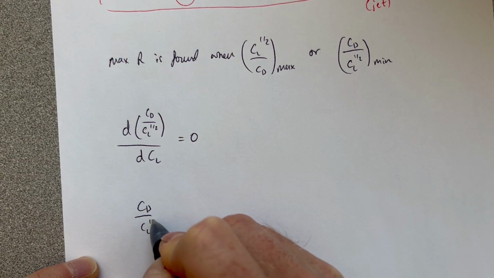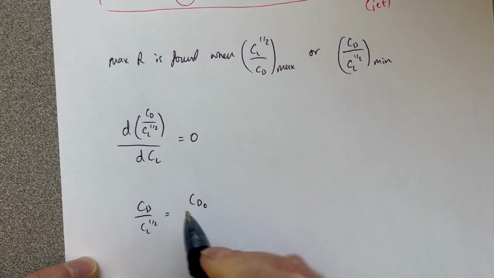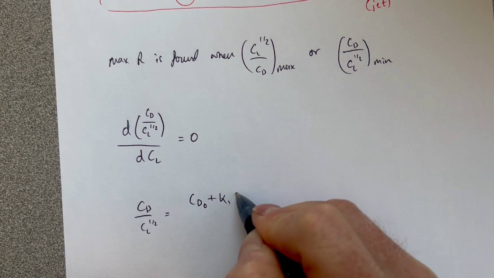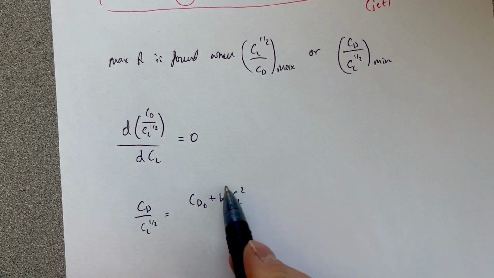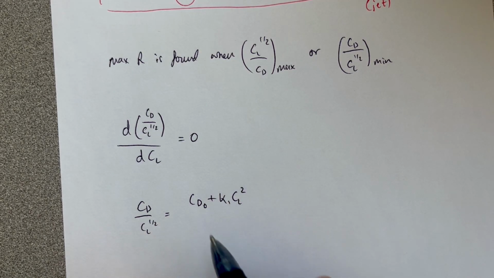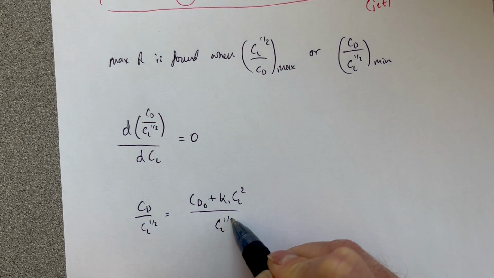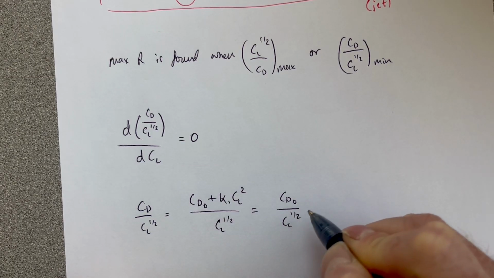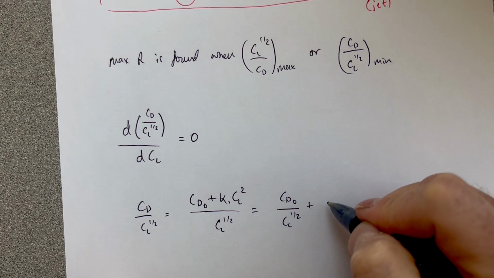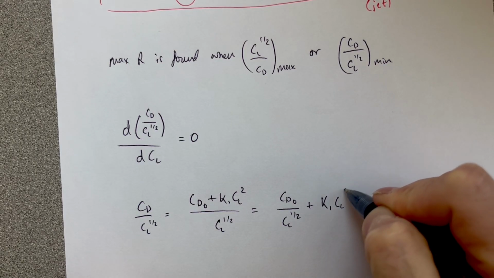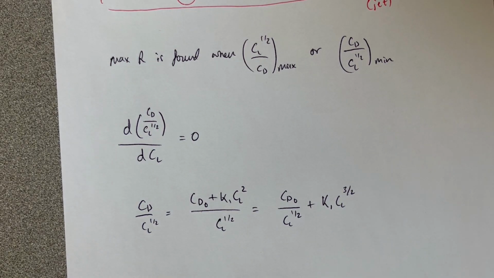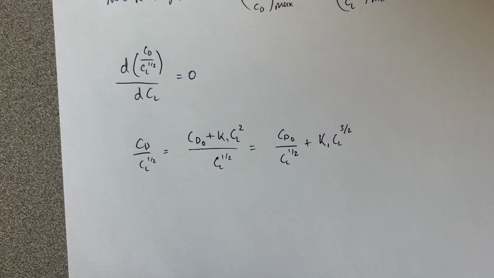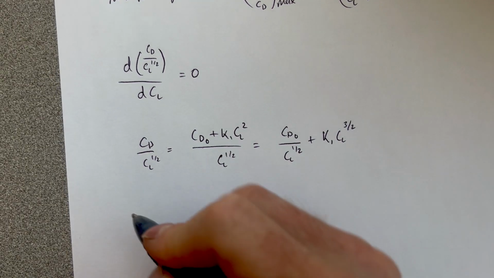CD over CL to the half: if I do an expansion for the total drag coefficient as the parasite drag coefficient plus K CL squared, which is the induced drag part, and then CL to the half in the denominator, and just tidy that up a little bit, splitting this up, CD naught over CL to the half plus K CL to the 3 halves, right? Then that's just going to make my differentiation a little bit more straightforward.